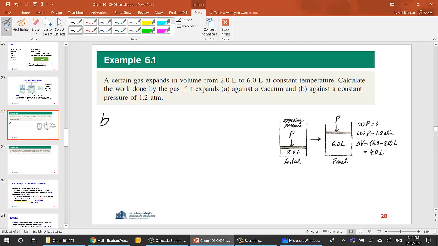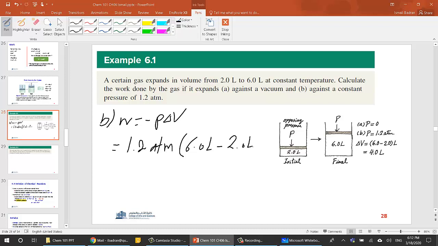So in B, we have work done against a constant pressure, and we know how to calculate that. Work is equal to minus P delta V, which is 1.2 atmosphere, the pressure, times delta V. The volume is changing from 2 to 6, so delta V means V final minus V initial, that means 6 liter minus 2 liter.